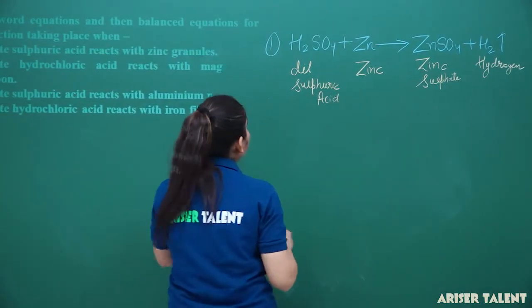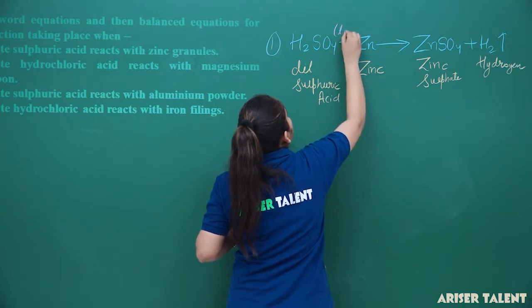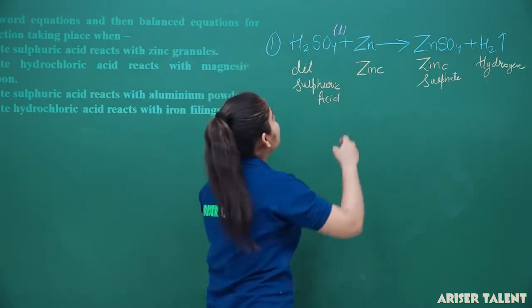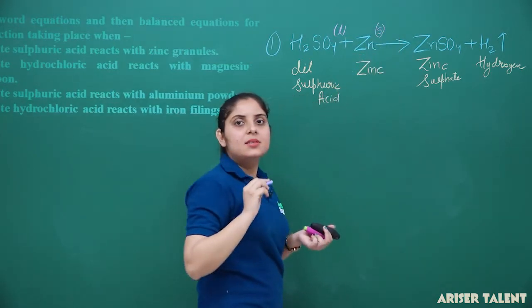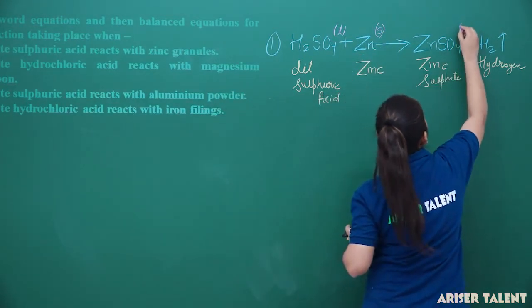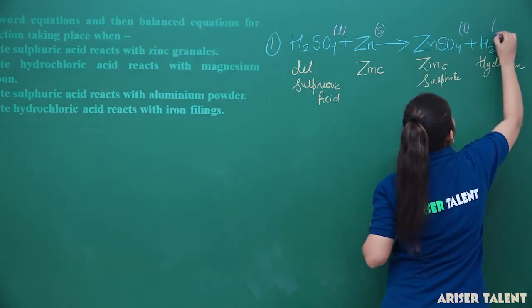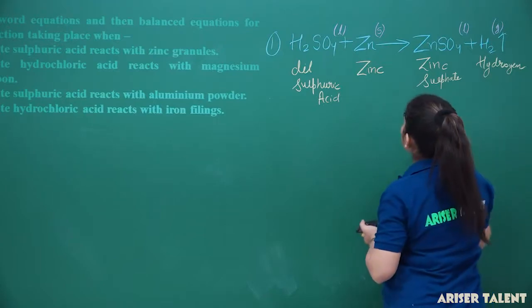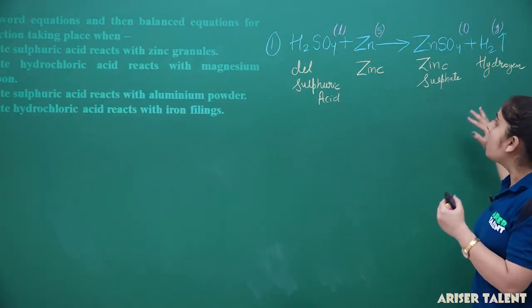Now we can see here the H2SO4 will be available in liquid form. Zinc will be solid. Zinc sulfate will be sometimes solid or sometimes liquid or aqueous, and hydrogen is a gas. So for writing the complete balanced equation, we have to specify all the things here.